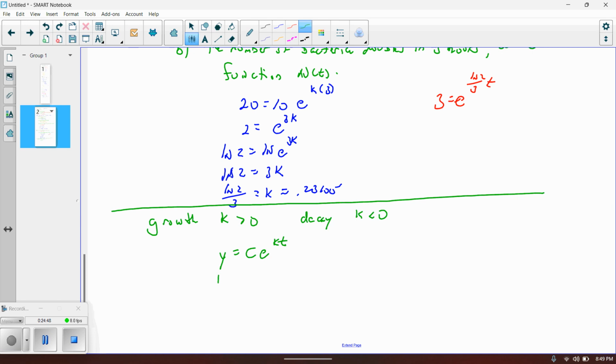Then what you would ultimately get on the left-hand side is a half equals e to the kt, and you would have to know how many years it took to get to, or how many days or whatever it took to get to that 1/2. You would replace that value for t, find k, you could find your decay rate in this case instead of a growth rate.